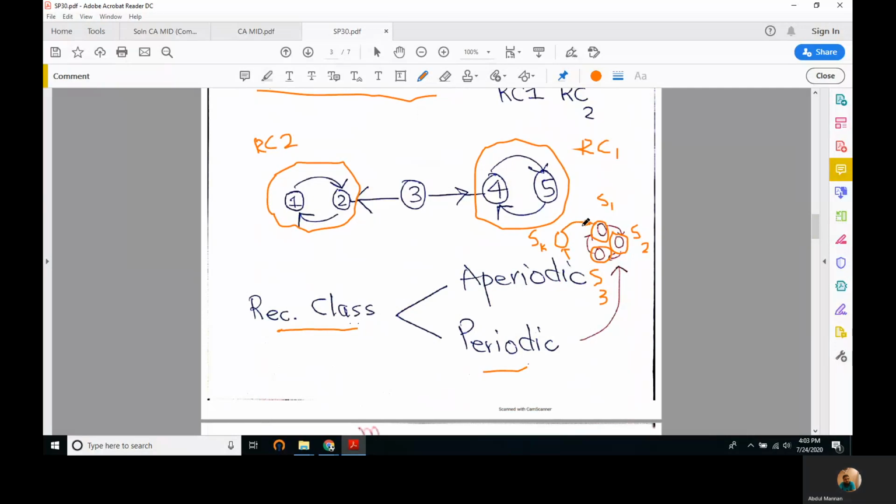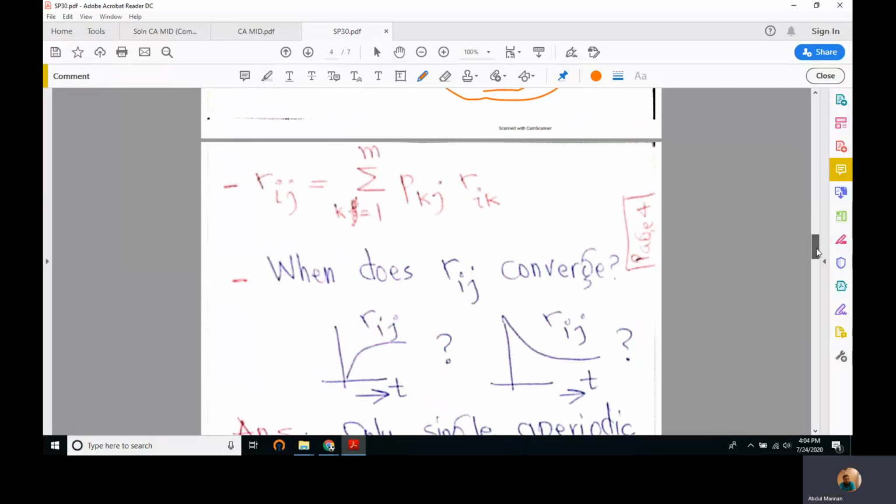So if we see a periodic behavior like this in a recurrent class, the class is a periodic class. Otherwise, the recurrent class is aperiodic.